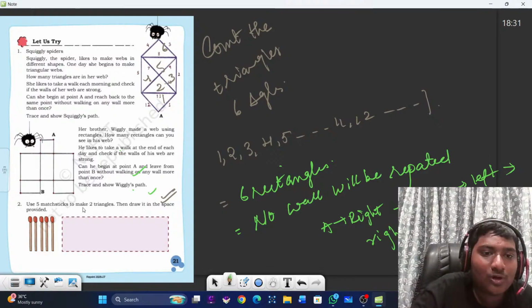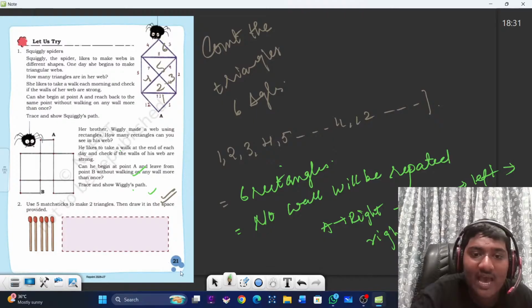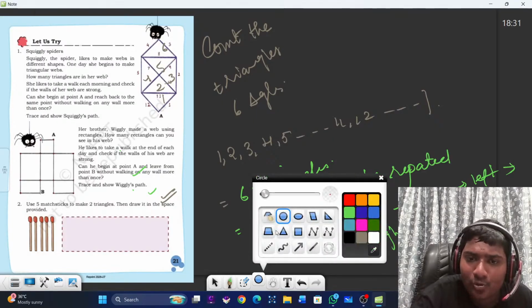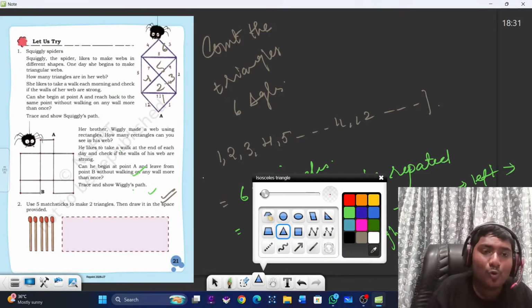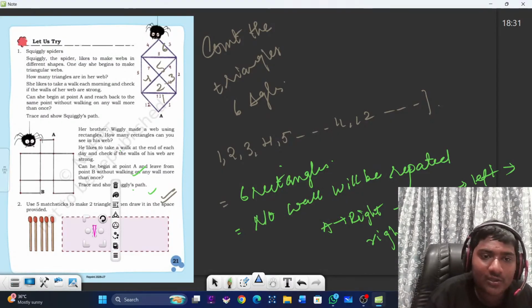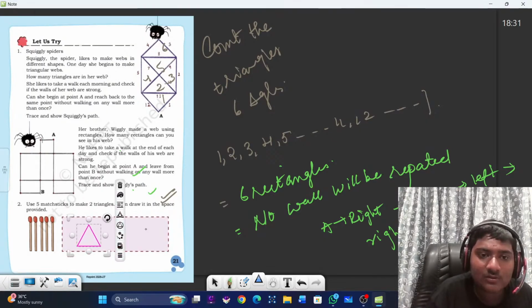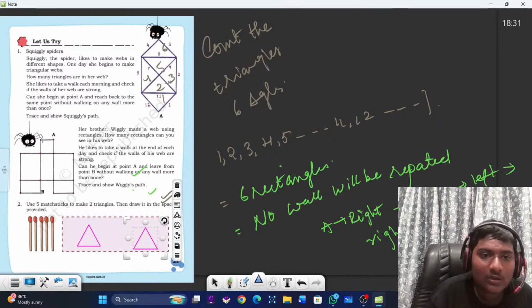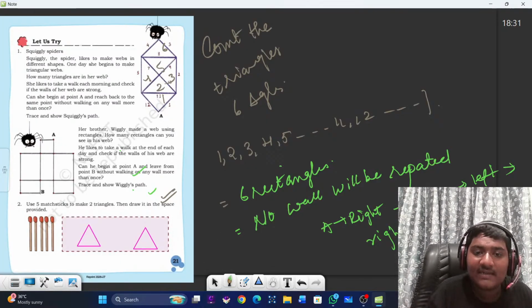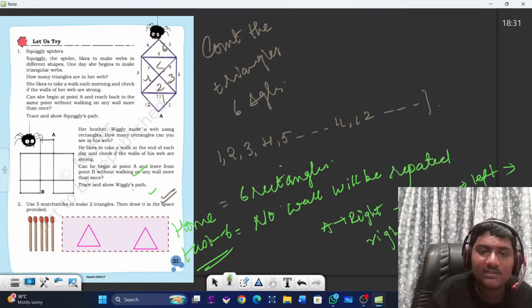Use 5 matchsticks to make 2 triangles, then draw in the space. So in the question they have given that, but in this session I am unable to take the sticks and I can't do it practically, but I am showing you a proper diagram. You make it as homework, a home task. You have to use only 5 matchsticks. Okay, this is a home task.